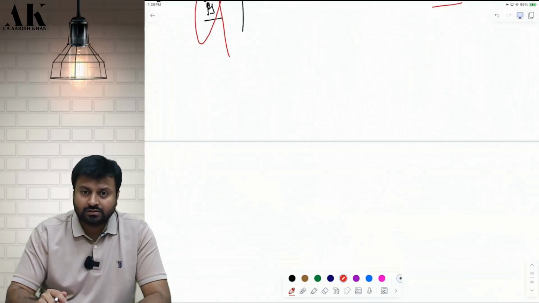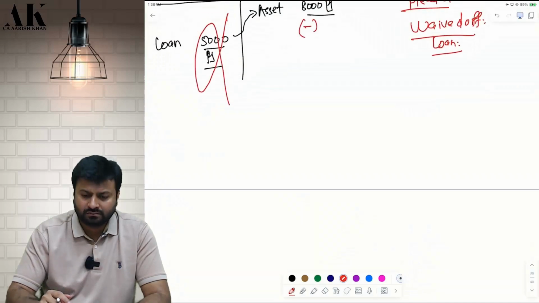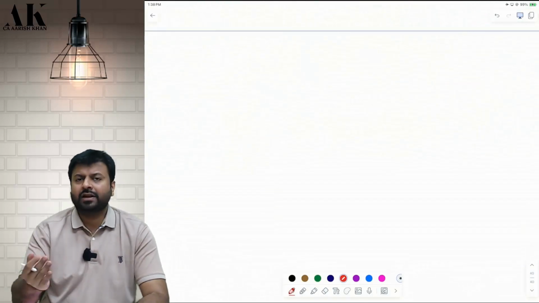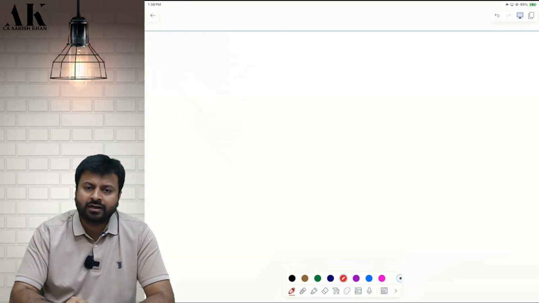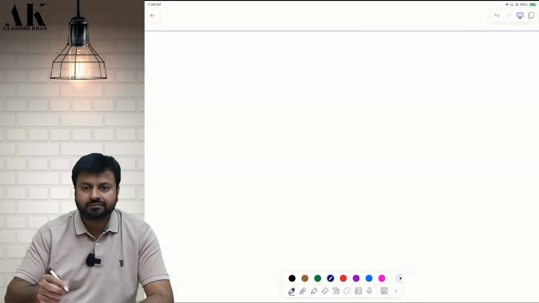Reduce from the actual cost? It cannot be reduced from the actual cost, right? Because Explanation 10 very clearly says that only subsidy, grant and reimbursement can be reduced.